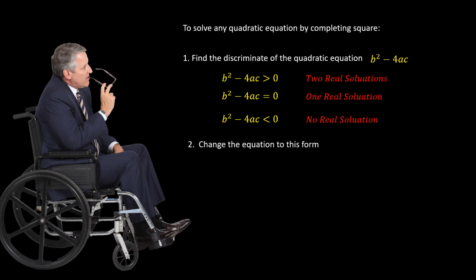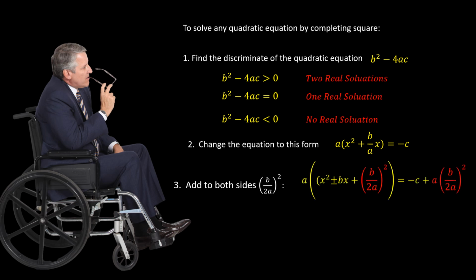Number two, you have to change the quadratic equation to this form. Take a as a common factor from the first two terms and move the constant term to the other side. After that, add (b/2a)² to both sides, like this. Then you can change the left brackets to the completing square, x plus or minus.